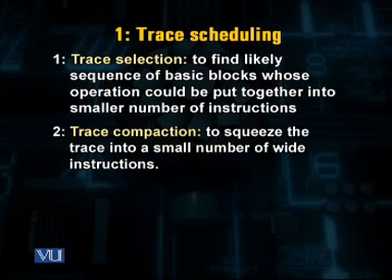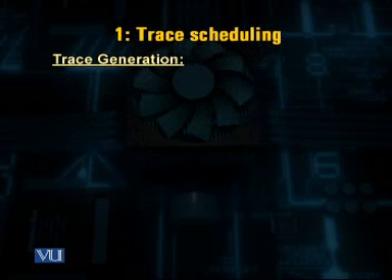Trace selection is the process to find likely sequence of basic blocks whose operations could be put together into a smaller number of instructions, whereas the trace compaction is a method to squeeze the trace into a small number of wide instructions. So let us discuss in detail the trace generation.